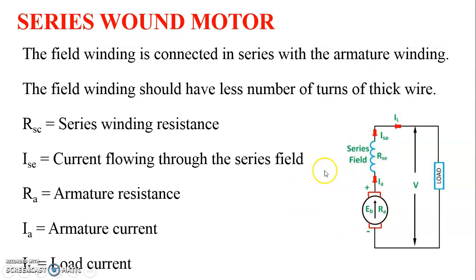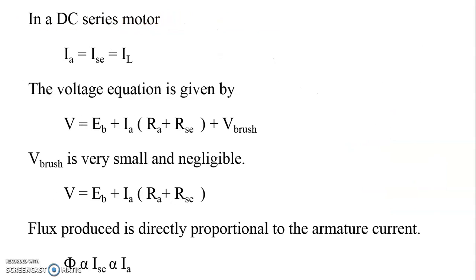So from the diagram, RSE is the series field winding resistance, ISE is the current flowing through the series field, RA is the armature resistance, IA is the armature current, and IL is the load current. From the diagram, the armature current, series field winding current and load current are all the same.